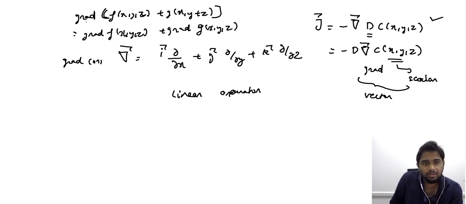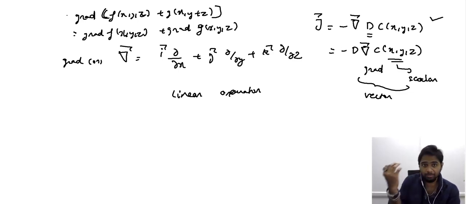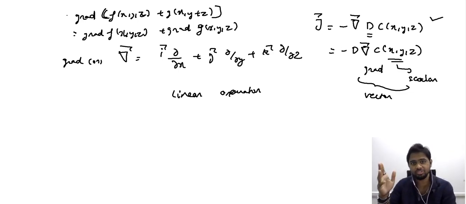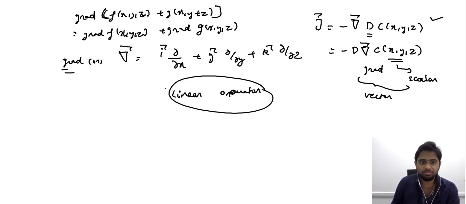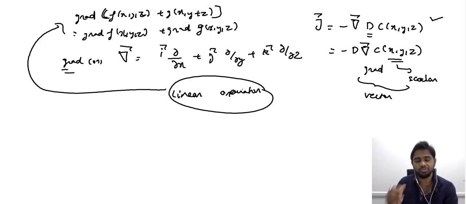Even though what is required is the gradient of the combined function, since the gradient is a linear operator, it is possible for us to consider the gradient of each function separately and add them up together.